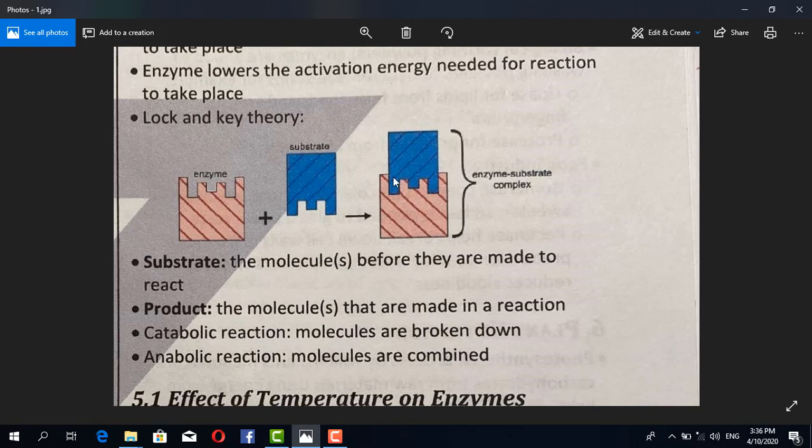So when I ask you where is the active site for the enzyme and substrate complex, you will say it's over here. It's where the enzyme is actually bound to the substrate. After we have the whole fitting thing, we will call it now the enzyme substrate complex.